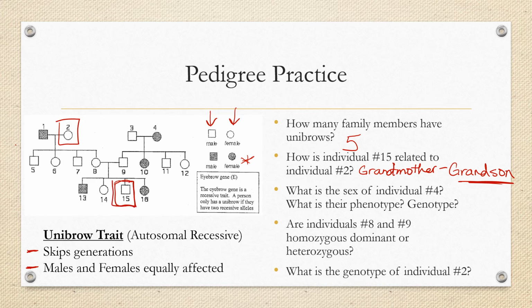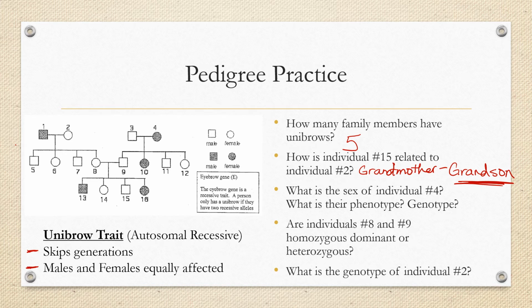Number 15 has one set of parents before number 2's generation. So it would have to be that number 15 is the grandson of number 2.